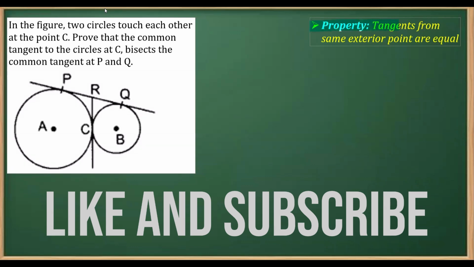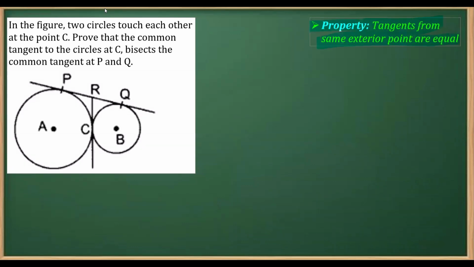The next question, which is again based on the same property that tangent from same exterior points are equal in length. So what you can see that in the figure here, two circles touch each other at point C. So this is the point at which these two circles touch. And what we need to prove here is that the common tangent to the circles at C, that means they're talking about this tangent, that is this one, right?